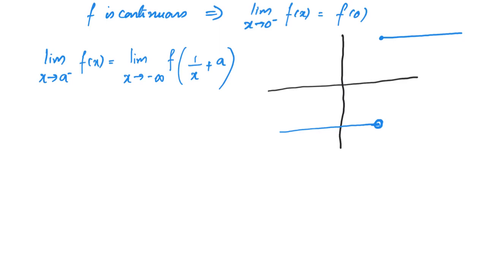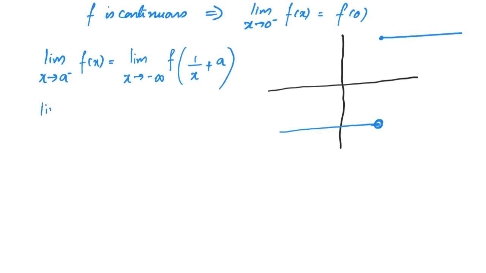So this is how I define it. And as you can clearly see, as x tends to minus infinity, this will get closer and closer to a, and for each value 1 by x is negative, so a plus 1 by x is less than a. So it is approaching a from the left hand side.